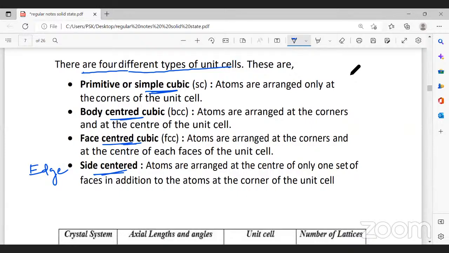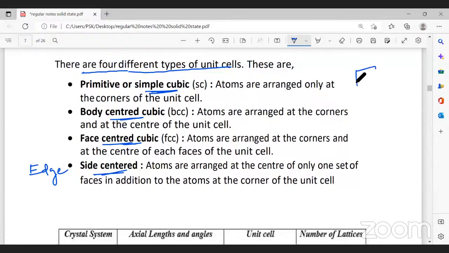We will understand the simple cubic, body-centered cubic, face-centered cubic, and side-centered cubic crystals now. In case of a simple cubic, please understand this, because we'll have to work some numericals based on it. There will be a question on this in your competitive exam, so you should pay more attention when I'm teaching you this.